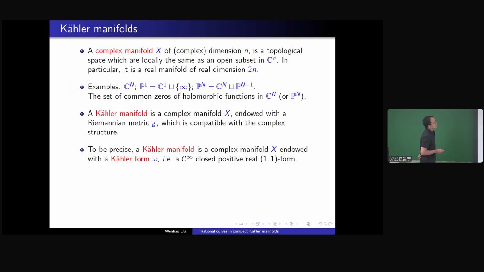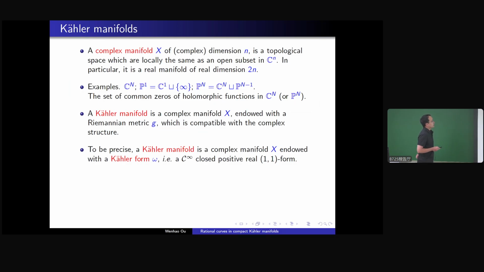We also know that C as a topological space is the same as the real plane R2. So a complex manifold of complex dimension n is automatically a real manifold of real dimension 2n. So let's look at some simple examples.